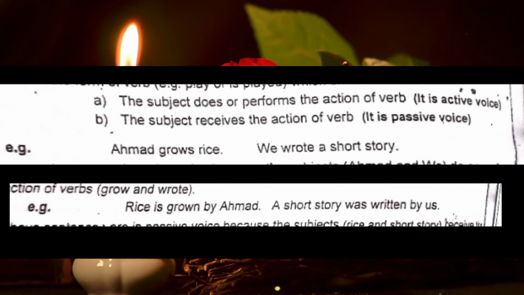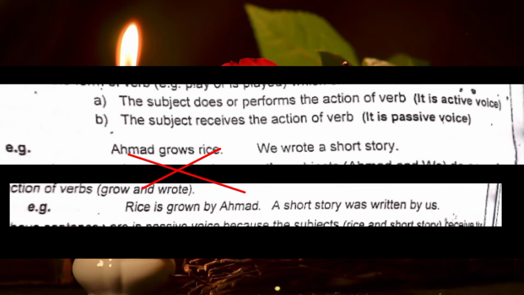Rice is grown by Ahmed. So here in the first sentence the rice was what? The object, and Ahmed was the subject. So both change places, the verb changes to the third form, and we use by. And why do we use is?